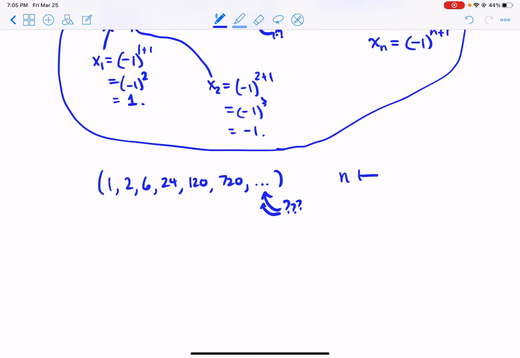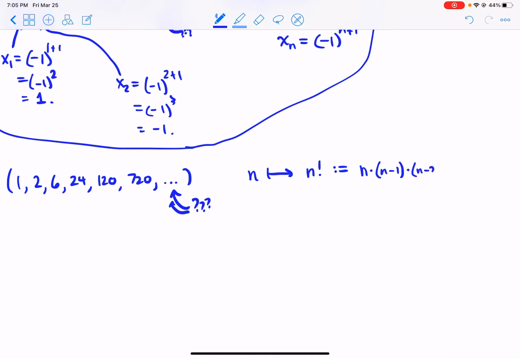So I'm going to take the nth number and send it to n factorial. And this is just a symbol. The definition of this symbol is n times n minus 1 times n minus 2 times all the way until 2 times 1, and that's it. Or I could even show you 3 times 2 times 1, and that's it.